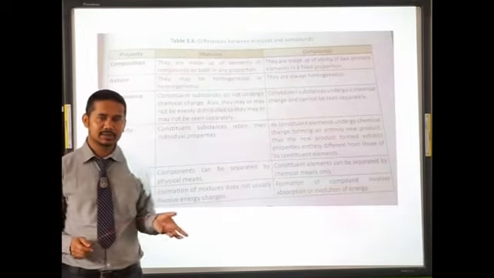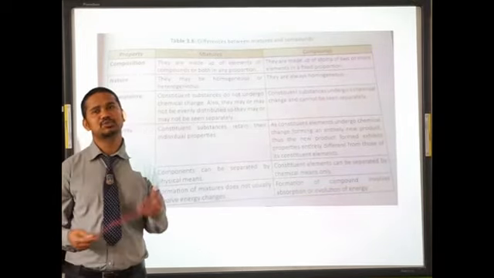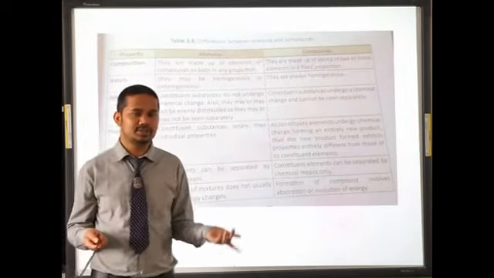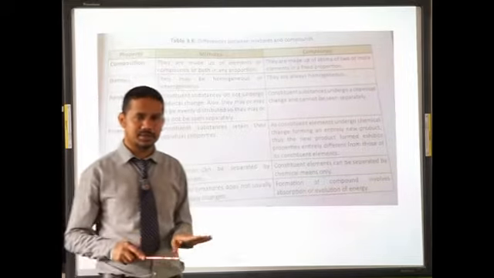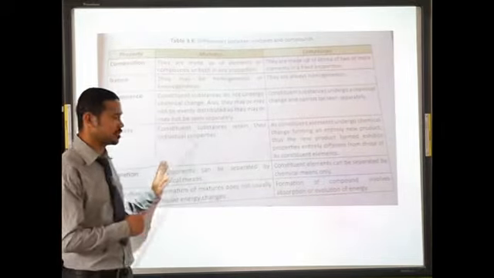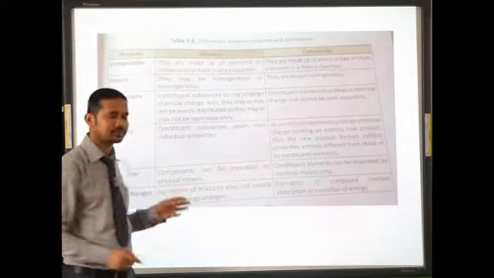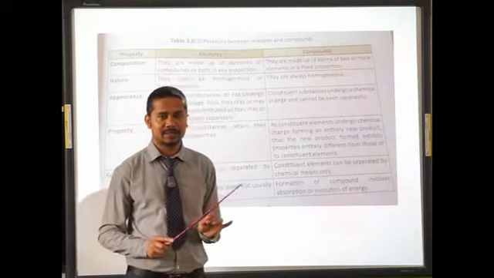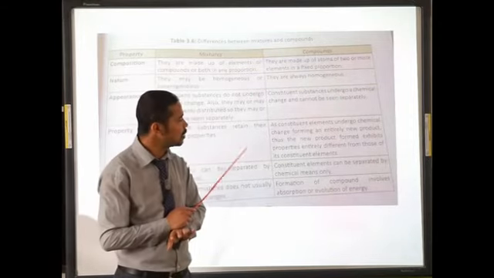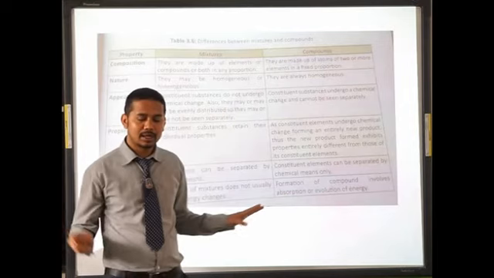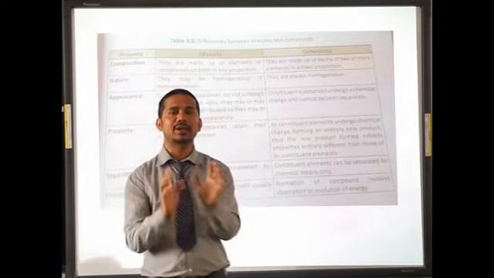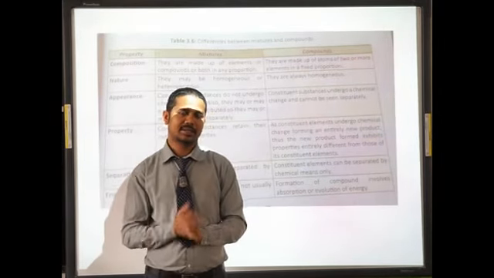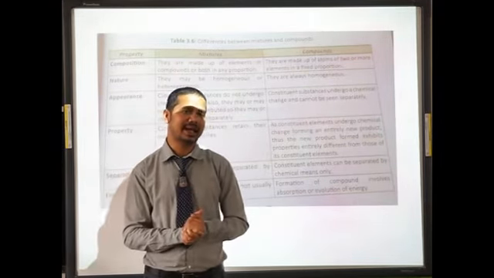So if you mix sugar in water, the sugar will be sweet only. When you dissolve it in water, it is sweet. If you do not dissolve it in water, it is also sweet. Sweet means it has not lost its property. But here, once you combine elements to form a compound, they completely lose their property. For example, hydrogen gas can burn. It is a highly inflammable gas.